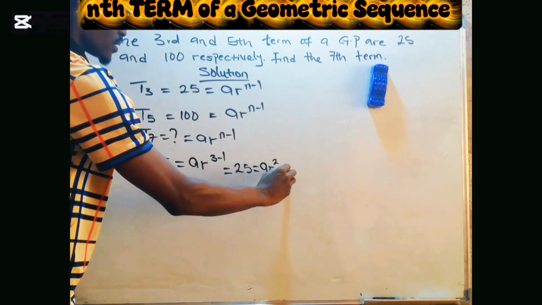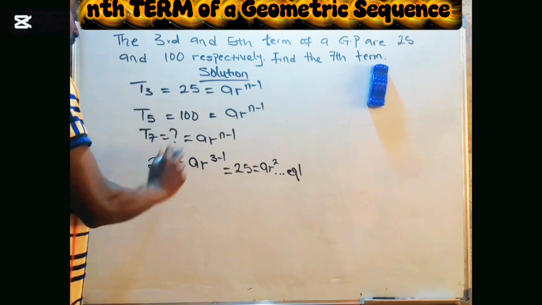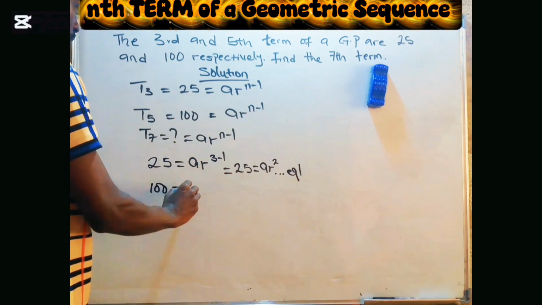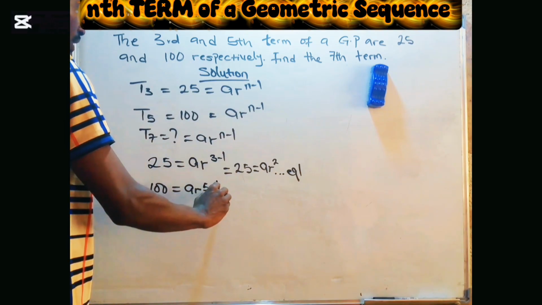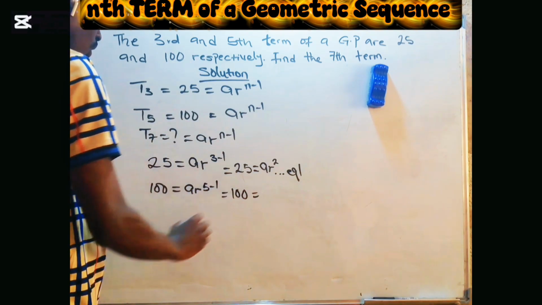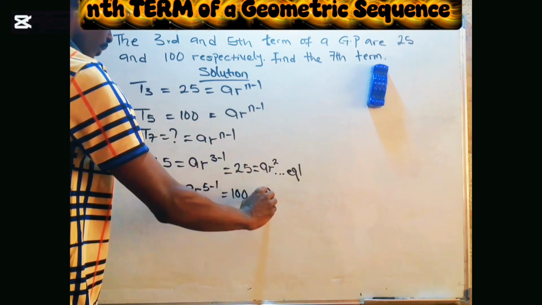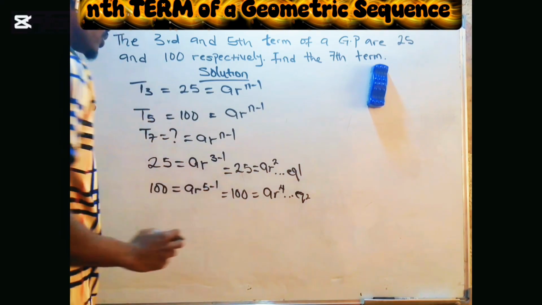Let's call this equation 1. Now from T5, which is 100, equals AR raised to 5 minus 1. That means 100 is equal to AR raised to the power 4. Let's call this equation 2.